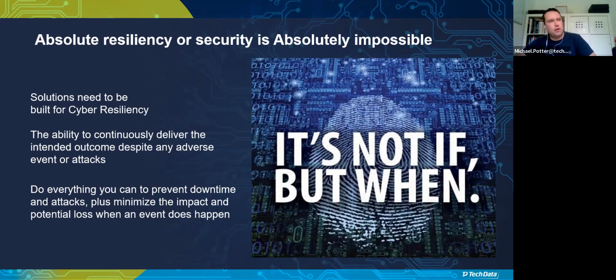When we're speaking to our client base, we need to understand that all of our solutions, whether on-prem or off-prem, compute or storage based, are being built for cyber resiliency and the ability to actually deliver with any outcomes if anything happens.